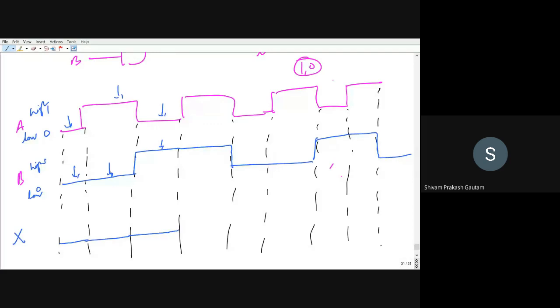Here it has become 1 and 1, so 1 AND with 1 will be high, right? Now again it has become low, and it will be low till here, and then again it will stay low. So this is my output. You can represent this as low and this as high. We have represented it in the form of pulsed operation. Just check it, and any doubt, let me know.